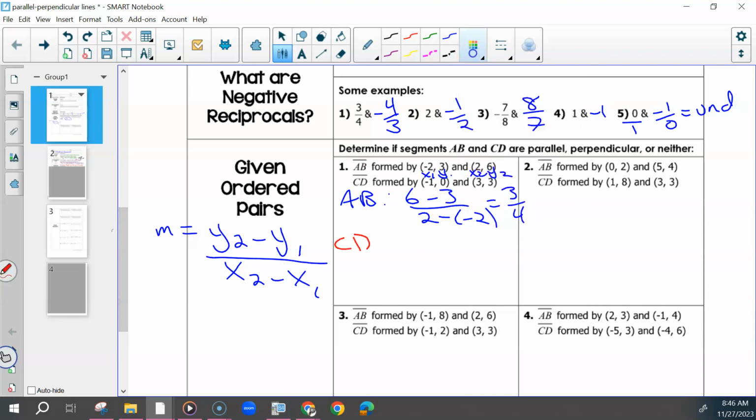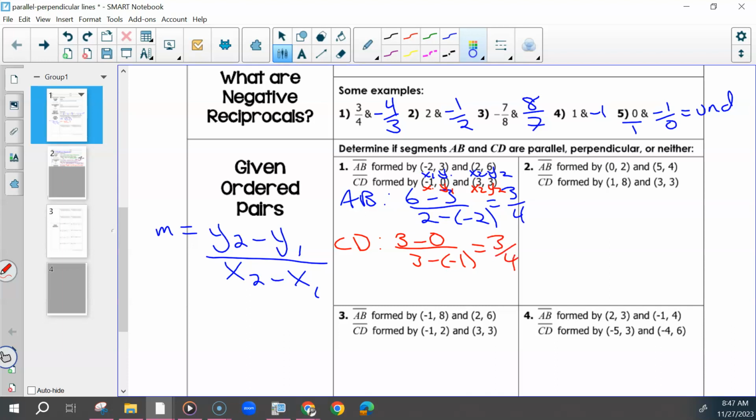Do the same thing for CD. Now we have 3 minus 0 over 3 minus a negative 1, or 3 plus 1. What would the slope of CD be? 3/4.